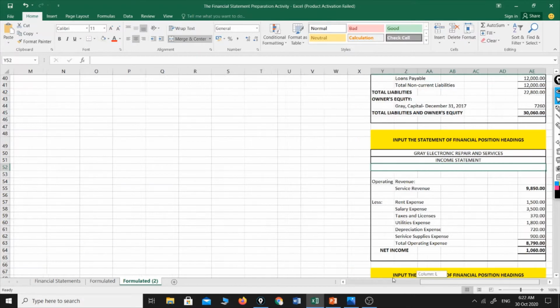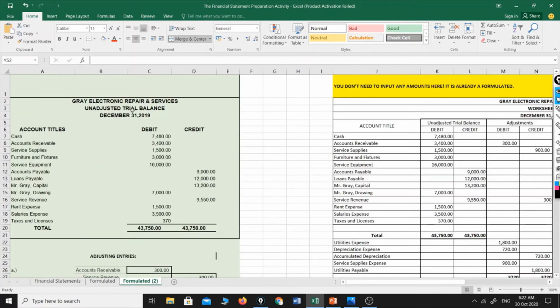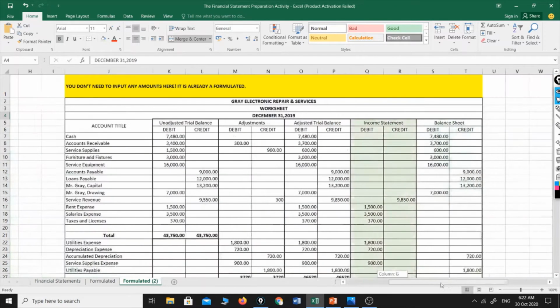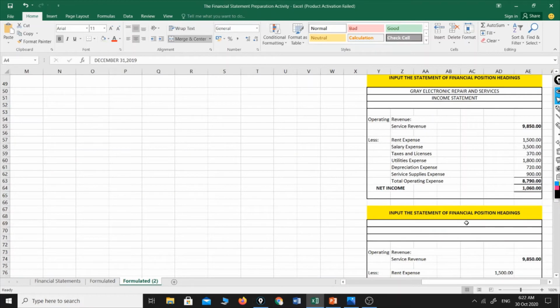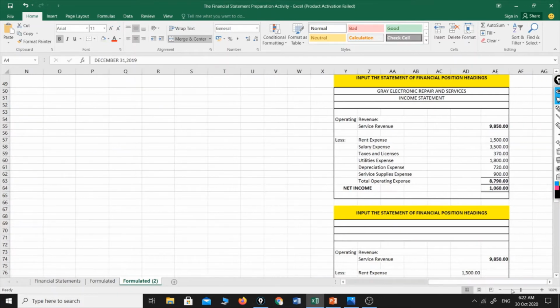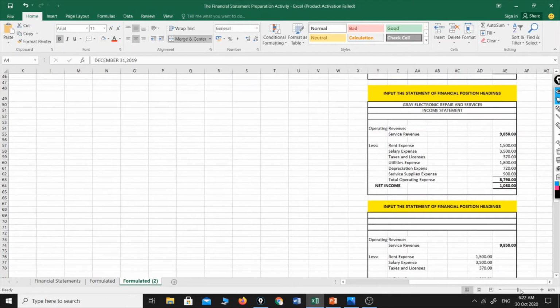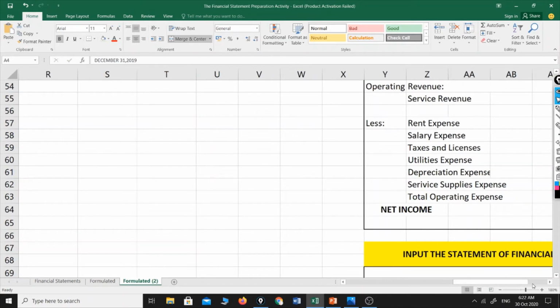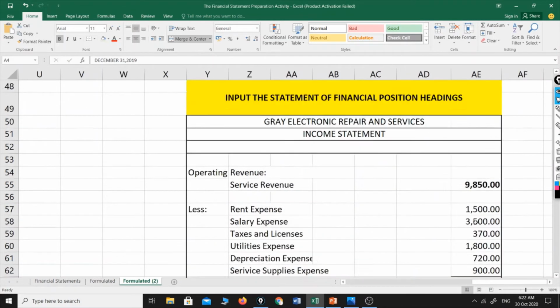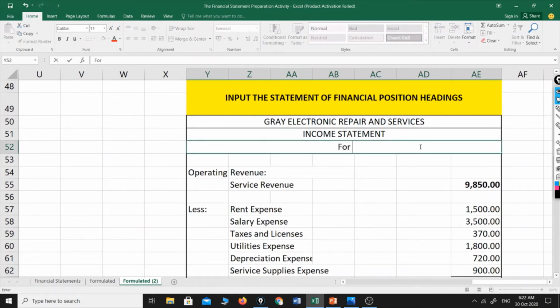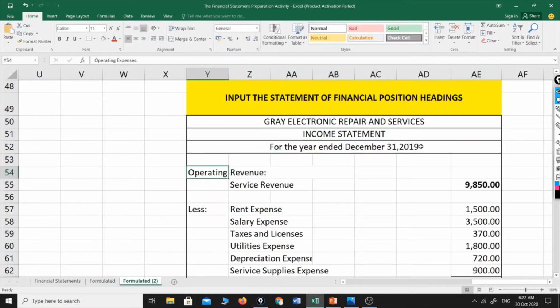So let's check. We'll just follow this one. December 31, 2019. Okay. So for the year ended, write the date, December 31, 2019. Okay. So the first part is the revenue.